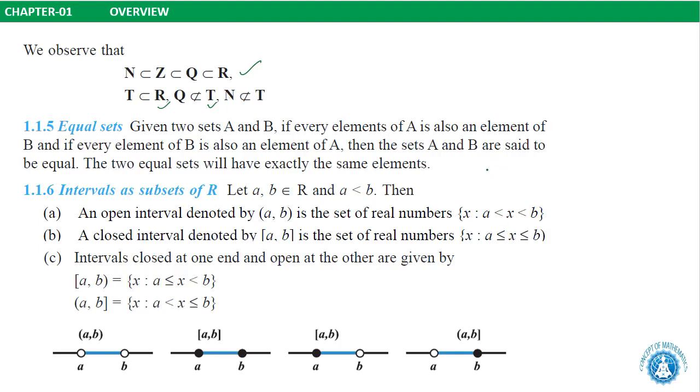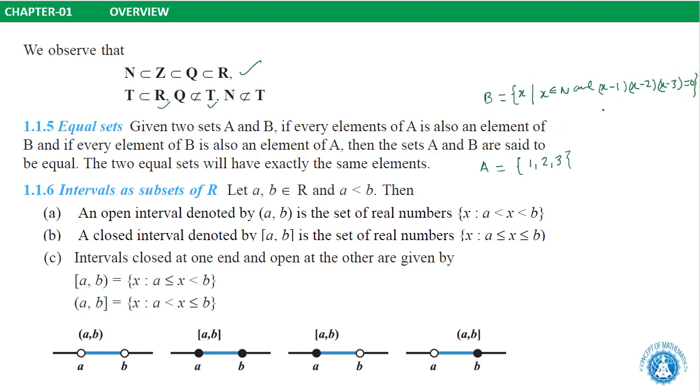Suppose a set A whose elements are 1, 2 and 3, and another set B which is defined as the set of all x such that x belongs to natural numbers and x is a root of this polynomial equal to 0.